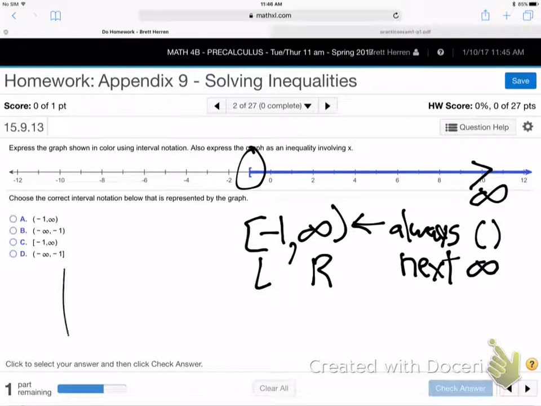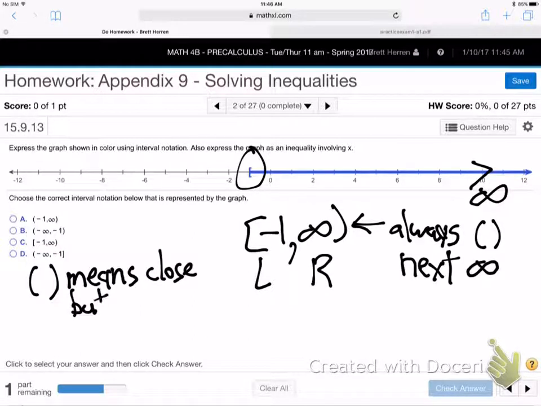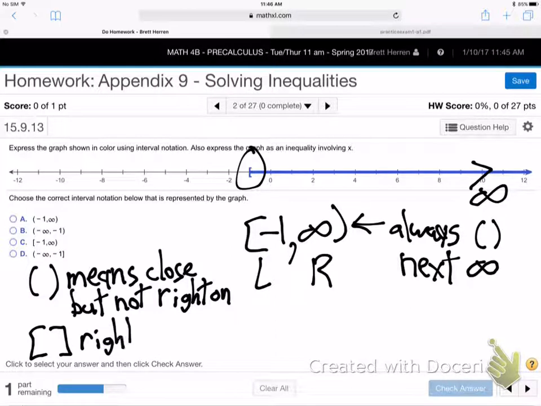What the parenthesis means is close but not right on, whereas brackets mean right on the number. Brackets have a straight edge, so you're straight on that number. So when I say bracket -1, that means I'm right on the money, right on -1.